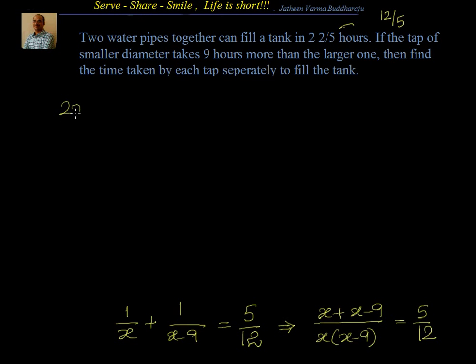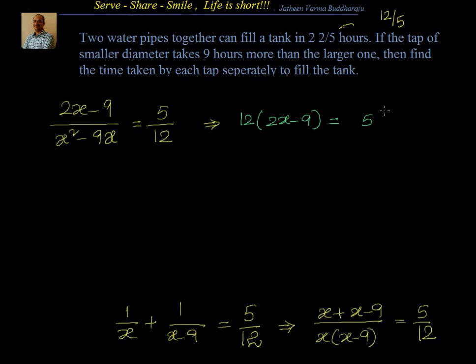We will have 2x minus 9 divided by x into x minus 9, which is x square minus 9x, equal to 5 by 12. If we do cross multiplication, we will have 12 into 2x minus 9 equal to 5 into x square minus 9x.